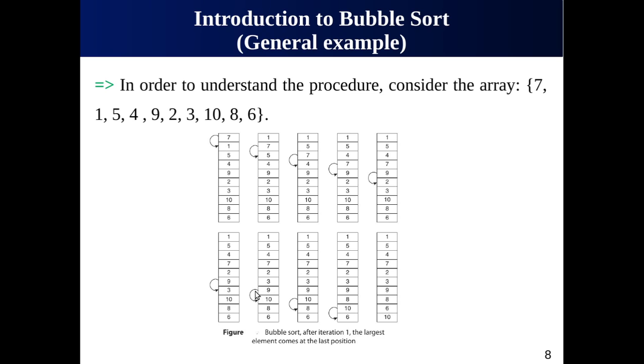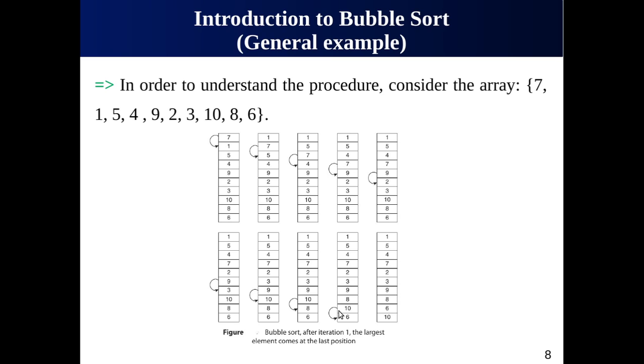After swapping, go ahead and compare 9 with 10. After comparing 9 with 10, we know that they are already in sorted form, so there is no need to swap them. So 10 stays at its location. And now compare 10 with 8. 10 is greater than 8, so swap them.